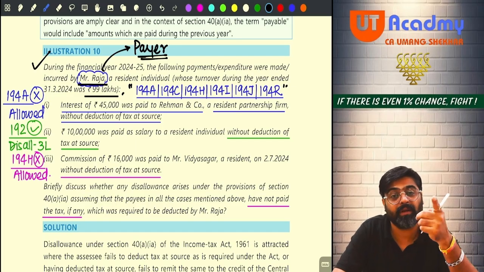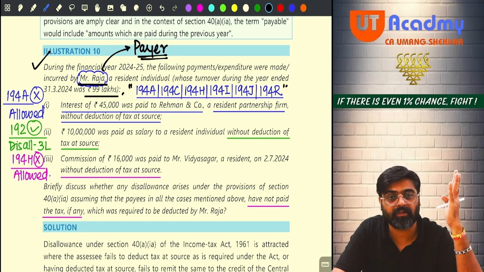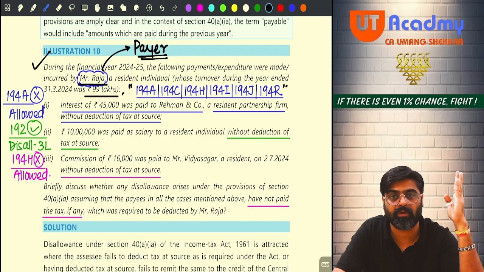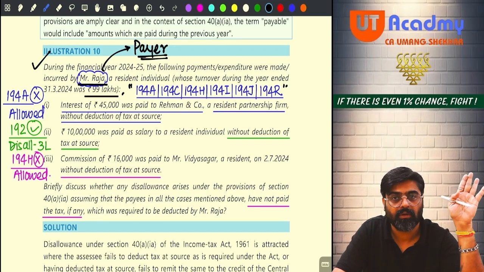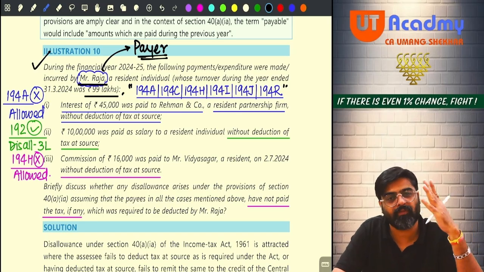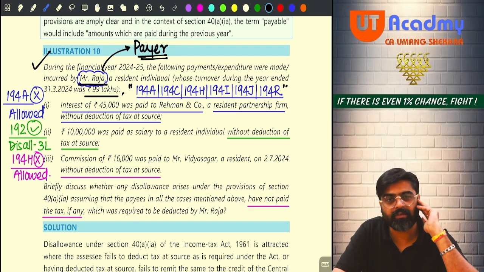Is this interest paid to a resident payee? Yes. Is the aggregate amount of interest more than 5,000? Yes. See, in certain cases there will be limits of 40,000 and 50,000 also in 194A, so I'm not getting you involved in those things. The basic limit is 5,000 only for that interest. So is that interest more than 5,000? The answer is yes.